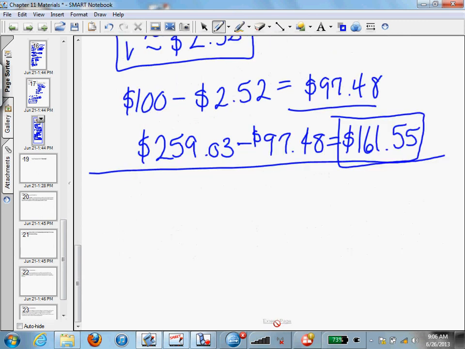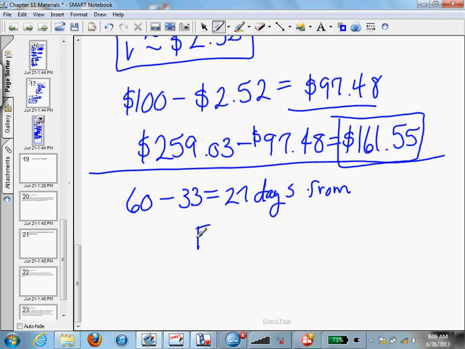And for the last portion of this problem, the due date of the loan is March 1st. Using that formula, you see that there are 60 minus 33, equaling 27 days from February 2nd to March 1st.